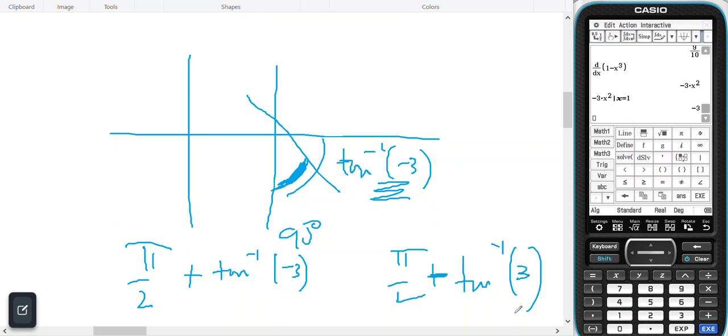The inverse tan of 3 will be my angles. Either of them would do, because we're looking for this angle in here. And I know that that is the inverse tan of -3, but that's a negative value. And I know that that's pi on 2. So this is the value I'm wanting. So it's going to be this minus that, or this plus the positive of it.